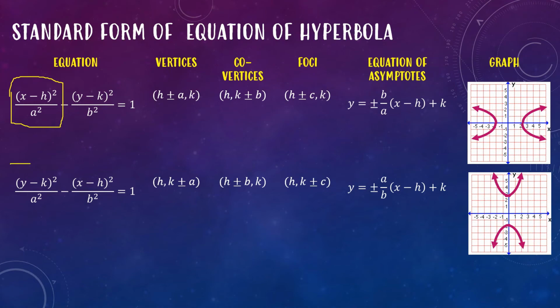Sa second equation kani, kung kinsa tong minuwen, ang iyahang denominator will be our a squared. Sa subtrahen, always ang b squared. So, kana lang ang timan-an. Pwede si a greater than b, less than b, or equals to b, but dapat si a will always be the denominator of our minuwen. Katong term nga minusan. Okay?